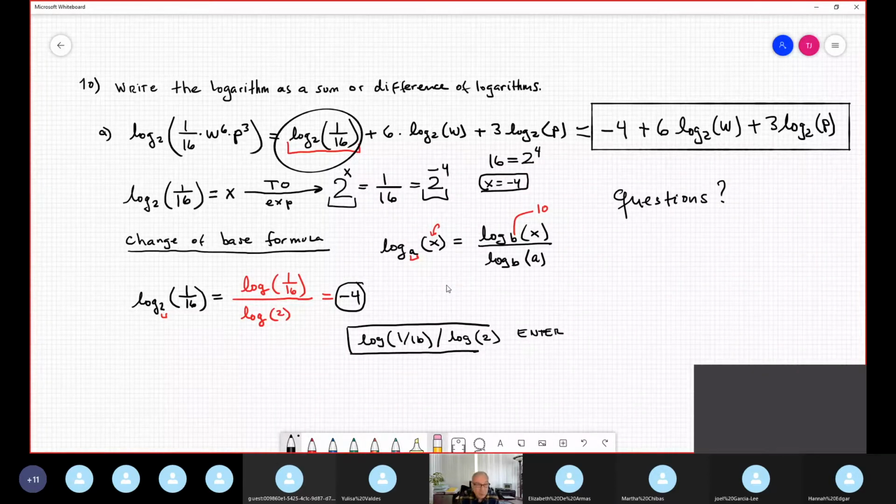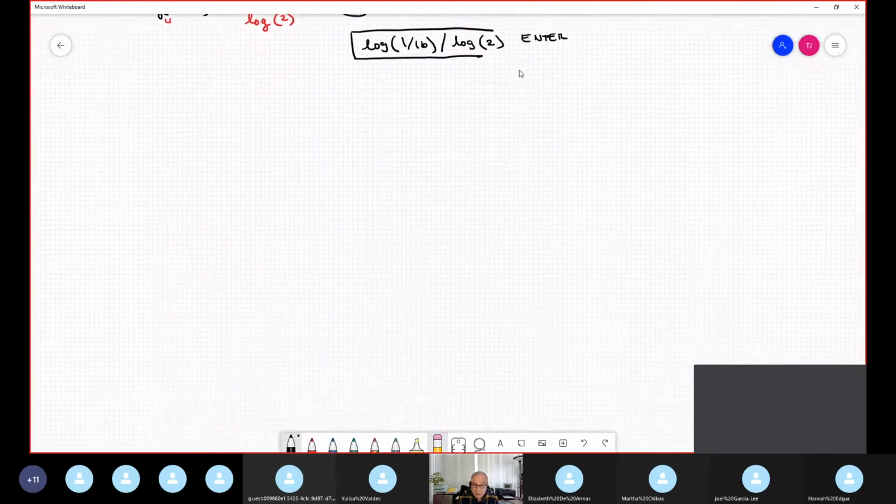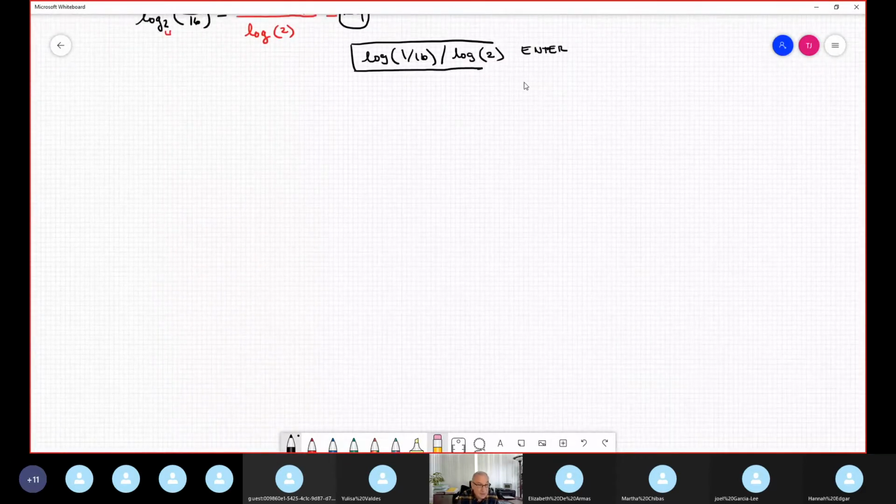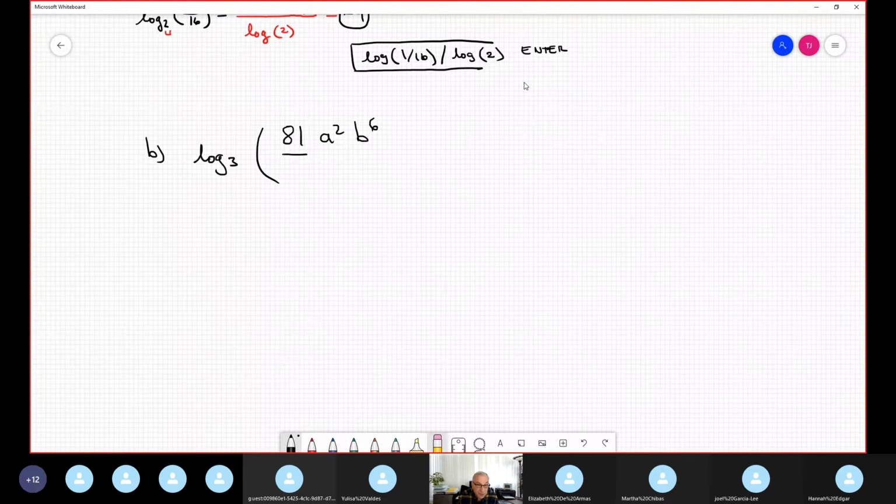Go ahead. No, okay. Let's move on to problem B, which is similar. Problem B is the logarithm of base 3 of 81 times A squared, B to the 6th divided by C to the 4th, times D to the 5th. Okay, and you expand.